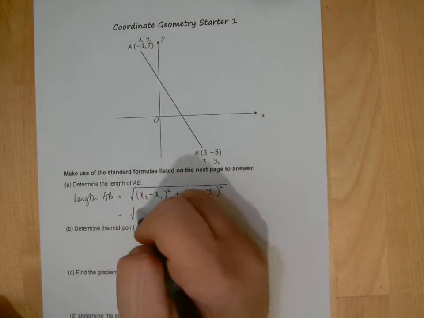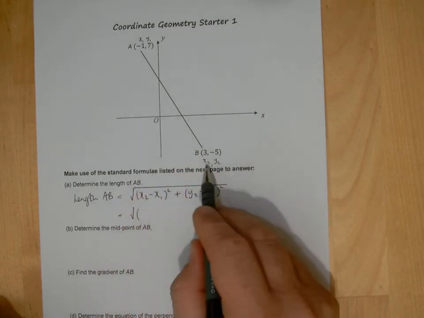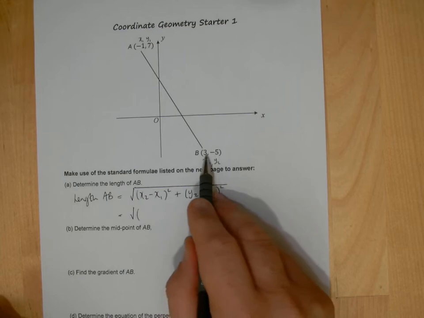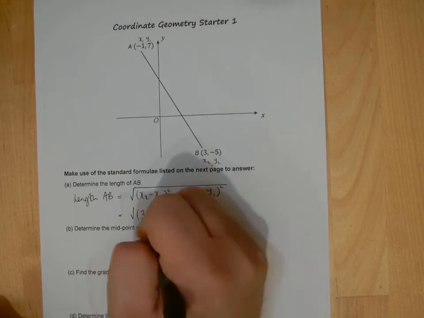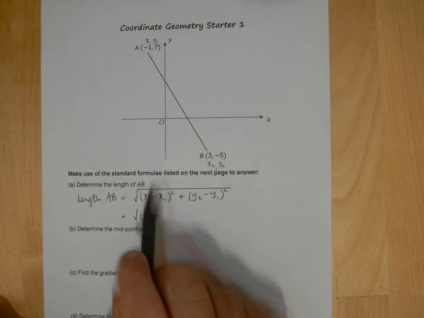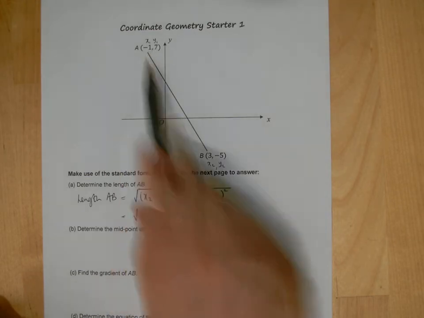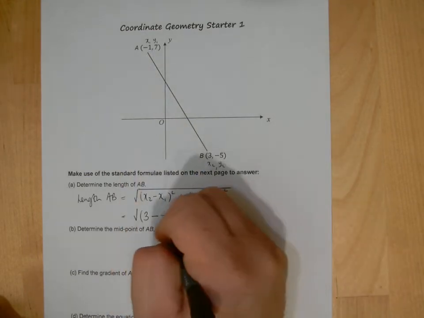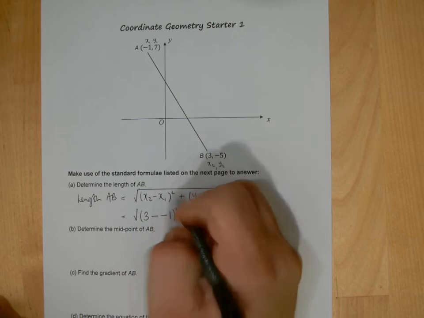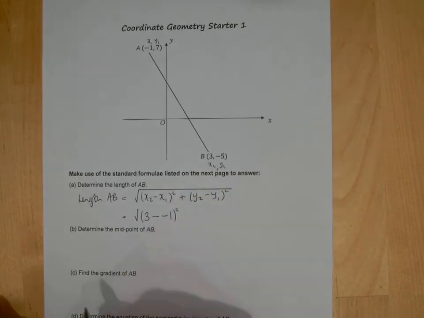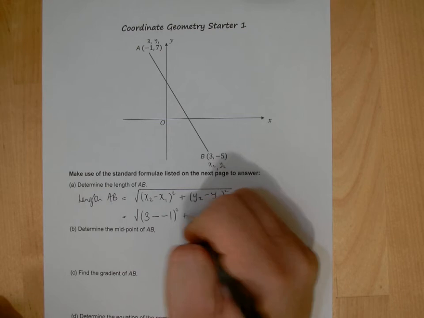So my x2 is 3, and you need to take away x1, and the x1 happens to be -1, so we're going to have -1 there, and you'll notice there's 2 negatives there.